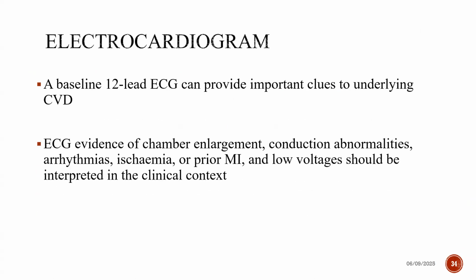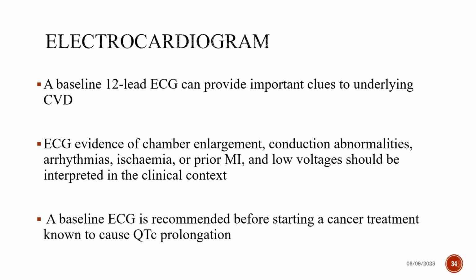On the ECG, you may have evidence of chamber enlargements, conduction abnormalities, and arrhythmias, either atrial fibrillation or flutter. You may also see evidence of ischemia or prior MI on the ECG. So a baseline ECG is recommended before starting cancer treatments, especially those known to cause QT prolongation.